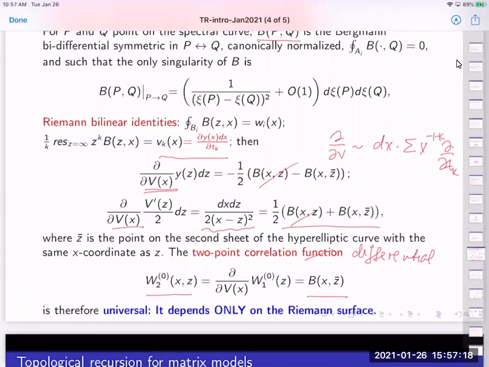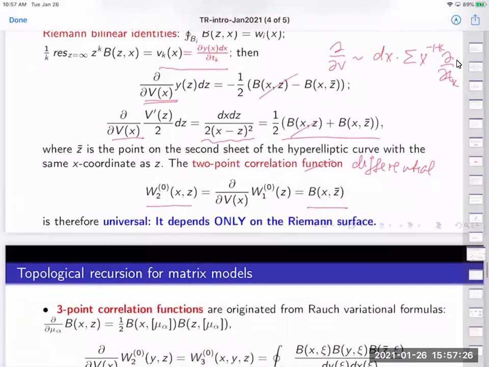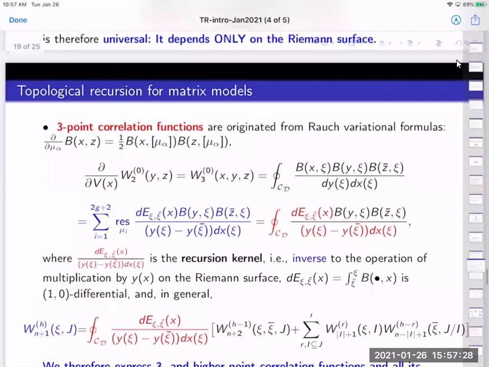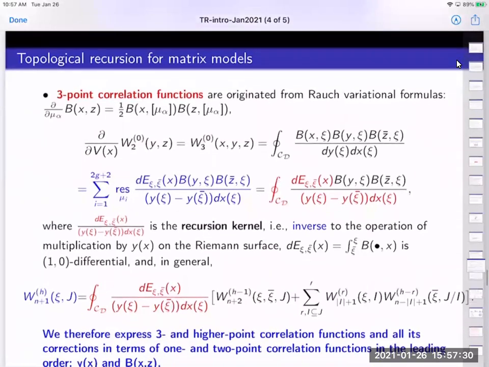Okay, John. But let me just finish, complete the structures. So the next and crucial point is now the 3-point correlation function, because now we resort to the variation with respect to branch points.